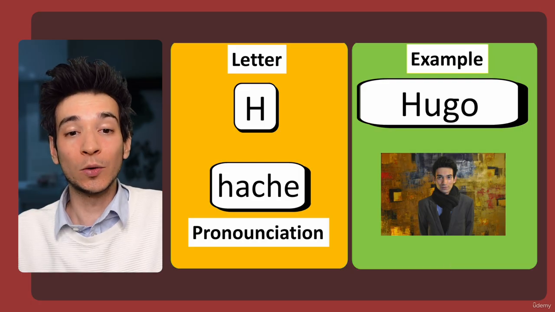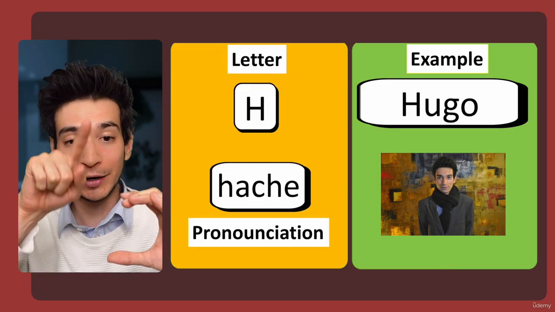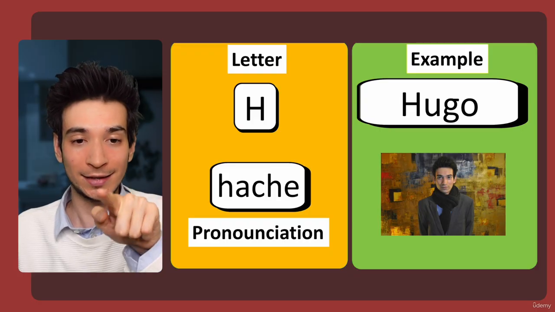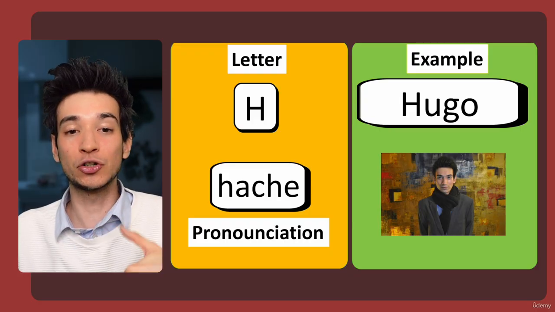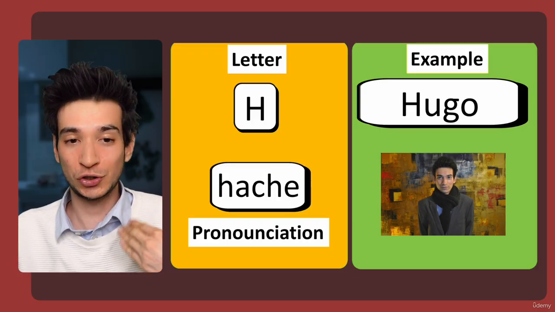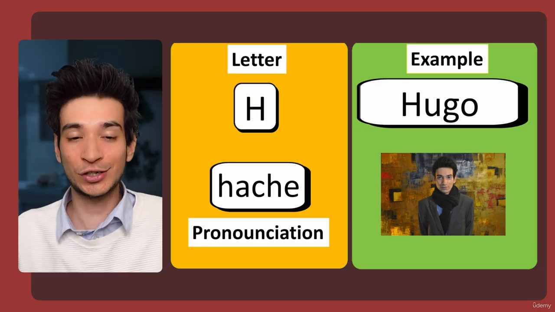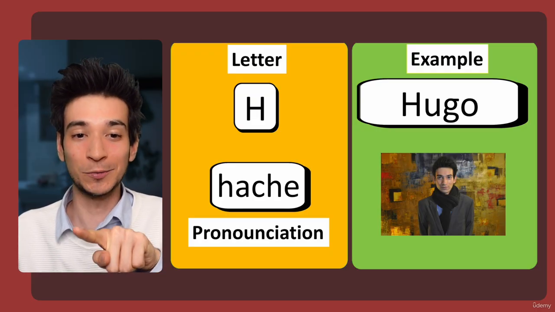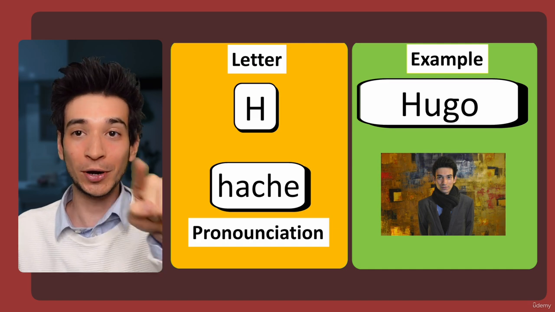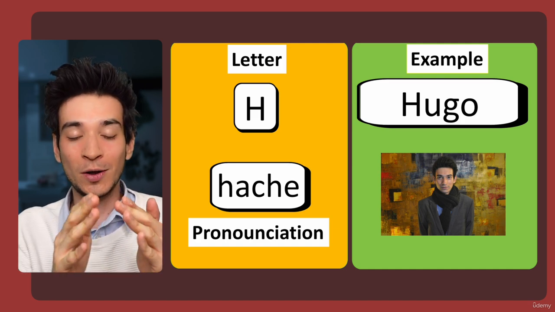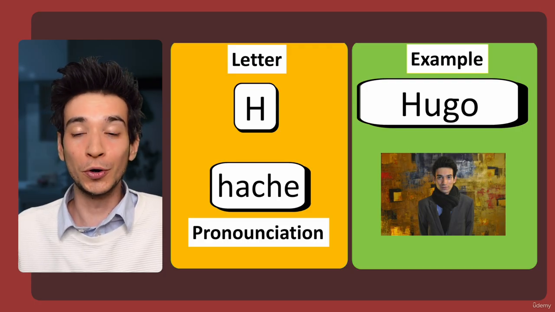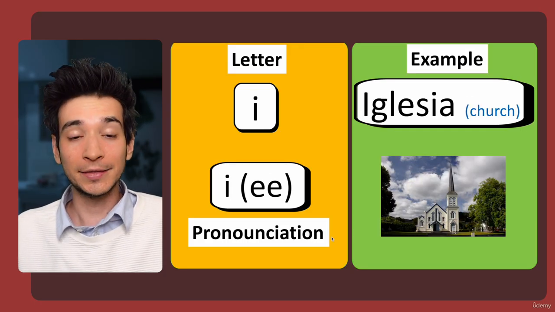And one thing right here, when you have this letter C and the letter H next to each other, they make the sound ch. So we don't say ace, we say che. Whenever you have the C and the H next to each other, we make that ch sound.